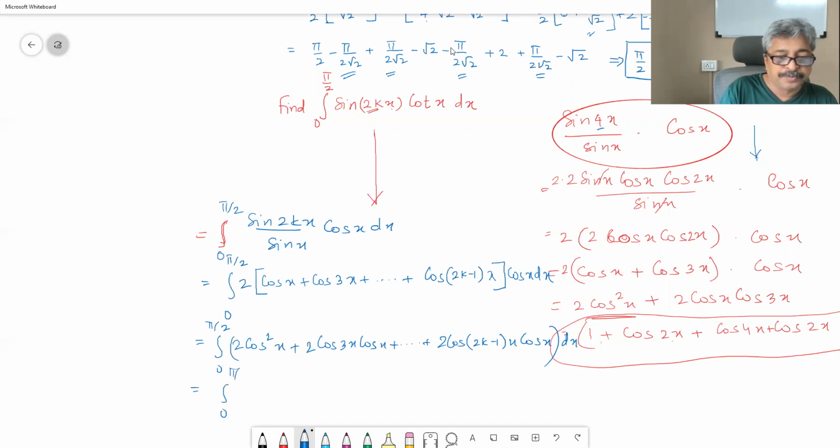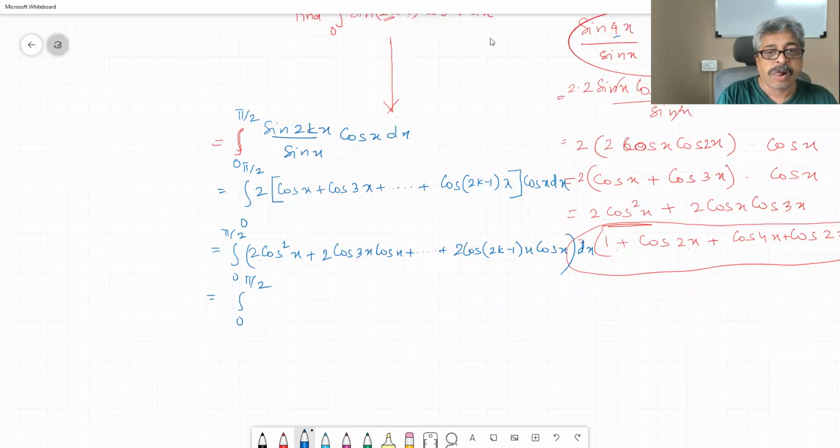Which is equal to integral 0 to pi by 2.